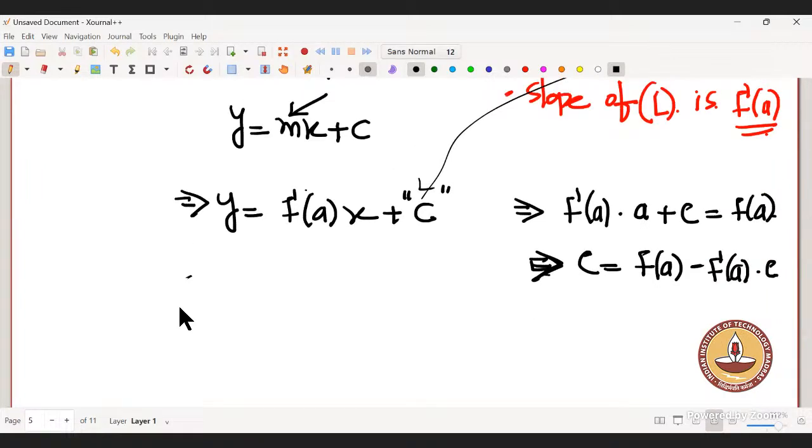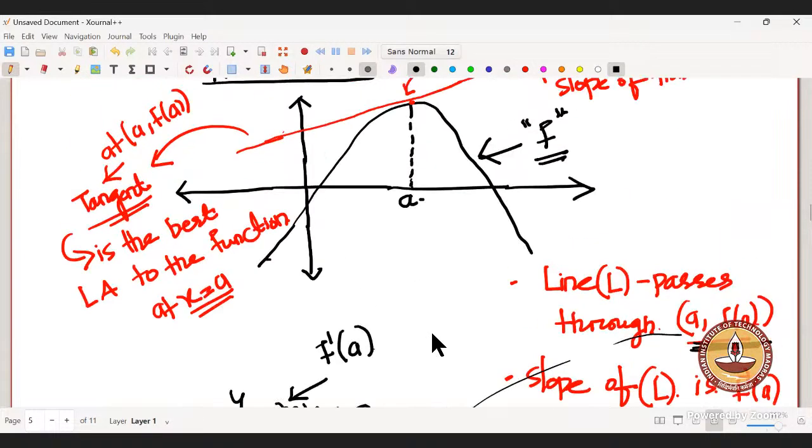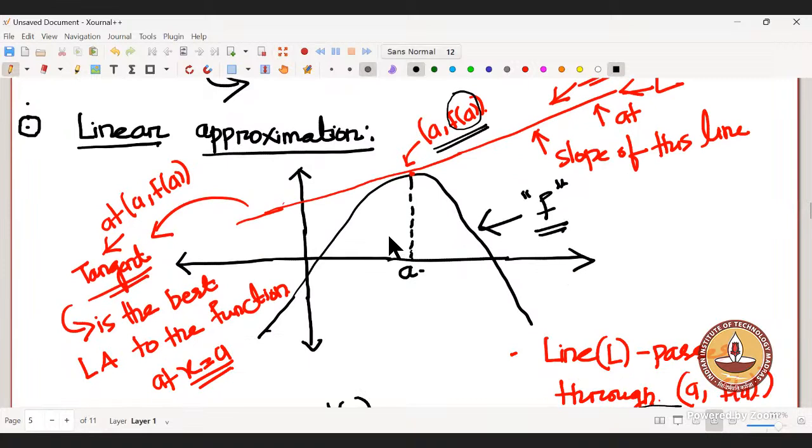The only thing you need to find is the value of the function at that point, and the derivative of the function at that point. Once you know these two things, it automatically gives you the tangent line. This tangent line is precisely the best linear approximation of this function.